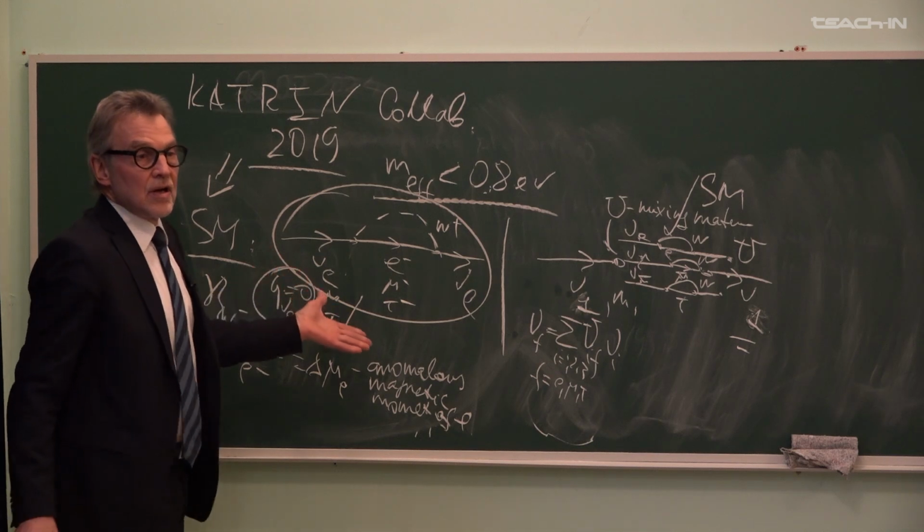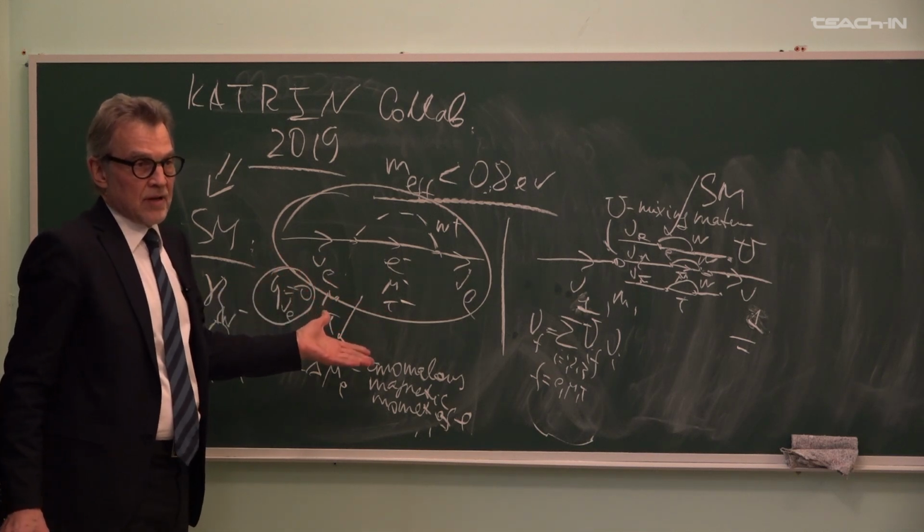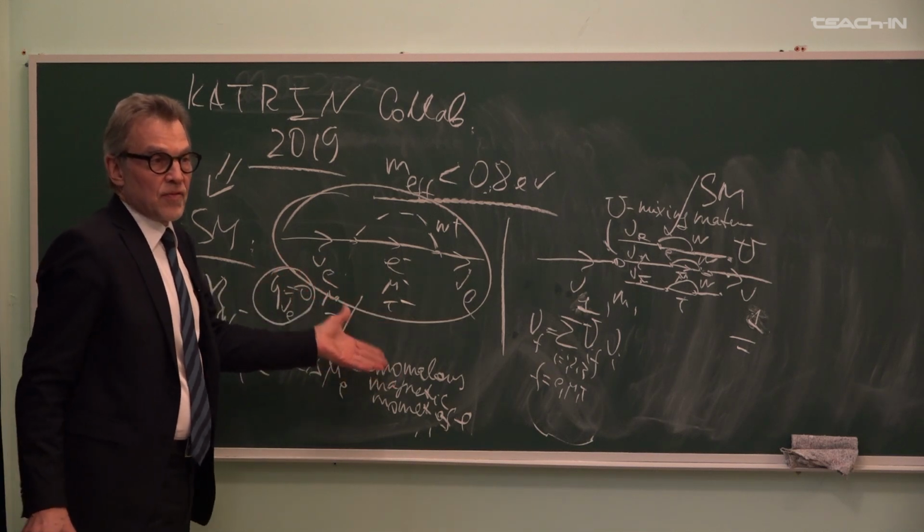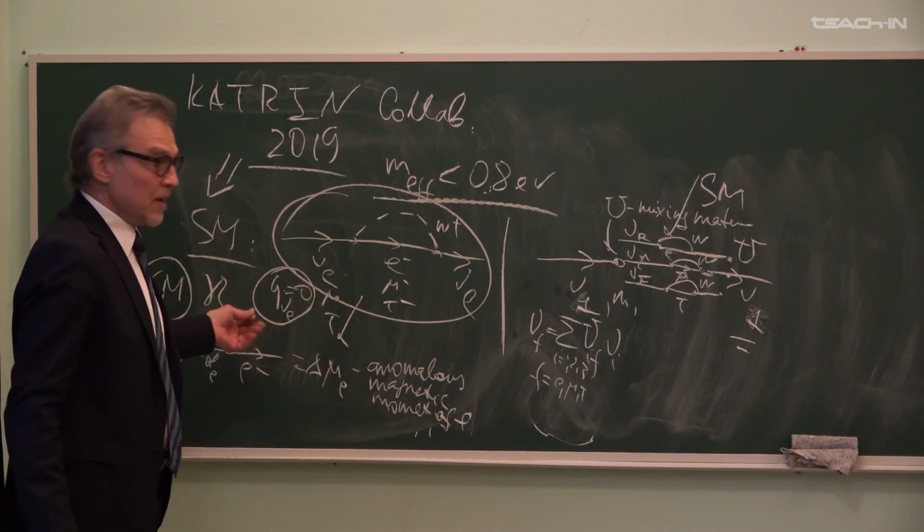The normal one comes from the Dirac equation. This is an addition due to the radiation polarization loop.